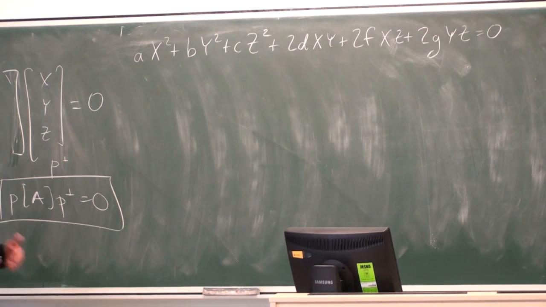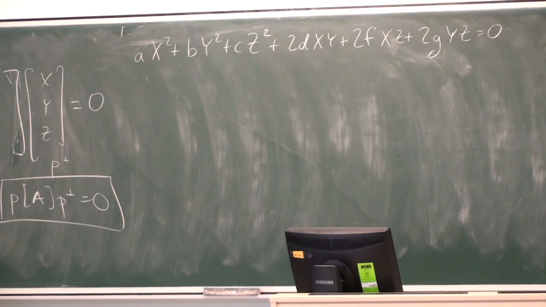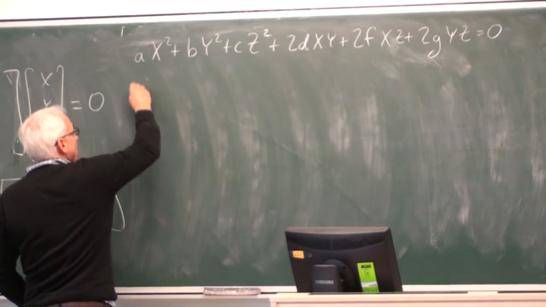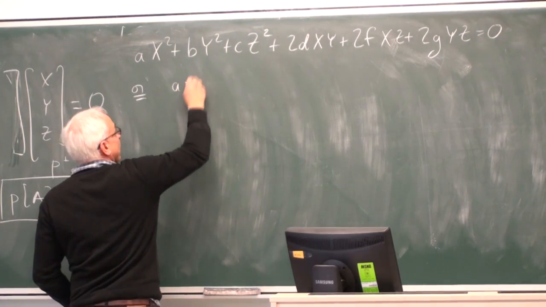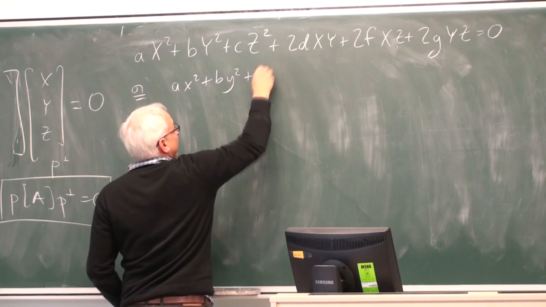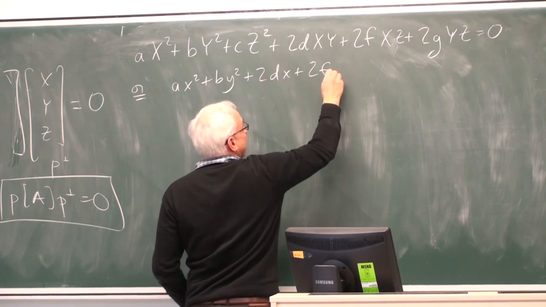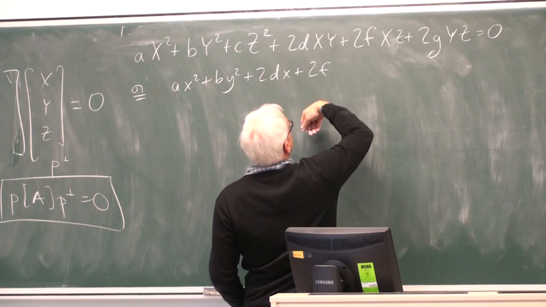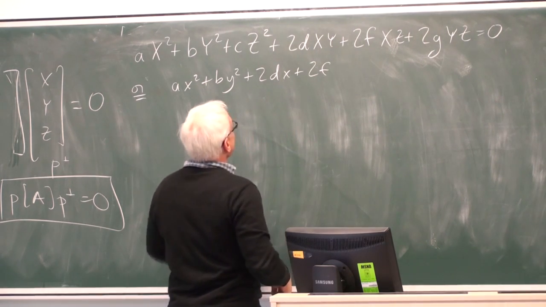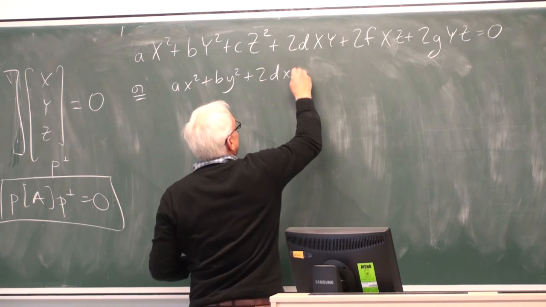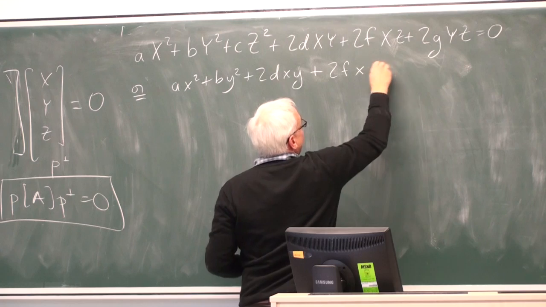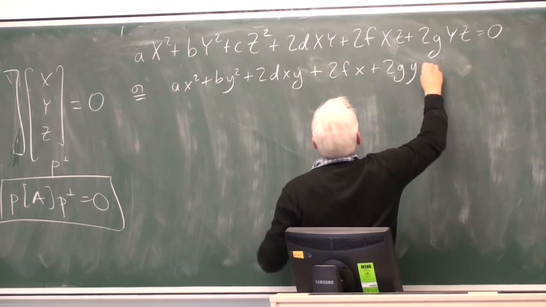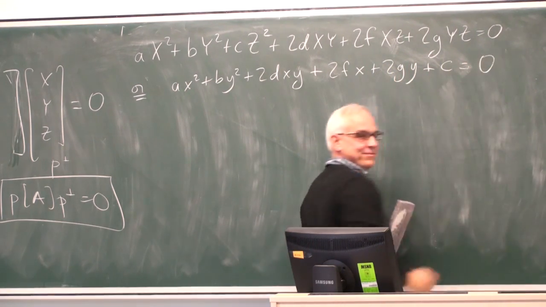And then if we divide by Z squared, we can write it in non-homogeneous form in terms of little x and little y as ax squared plus by squared plus 2dxy plus 2fx plus 2gy plus c equals 0.